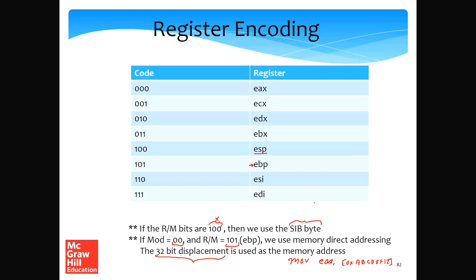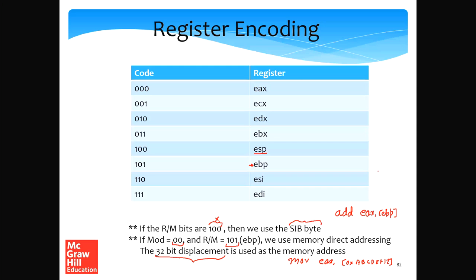Now the question that most students ask at this point is how would we encode an instruction of this form, EAX and EBP? In this case, we will use the first option and set the R by M bits to 100 and the scale index base.